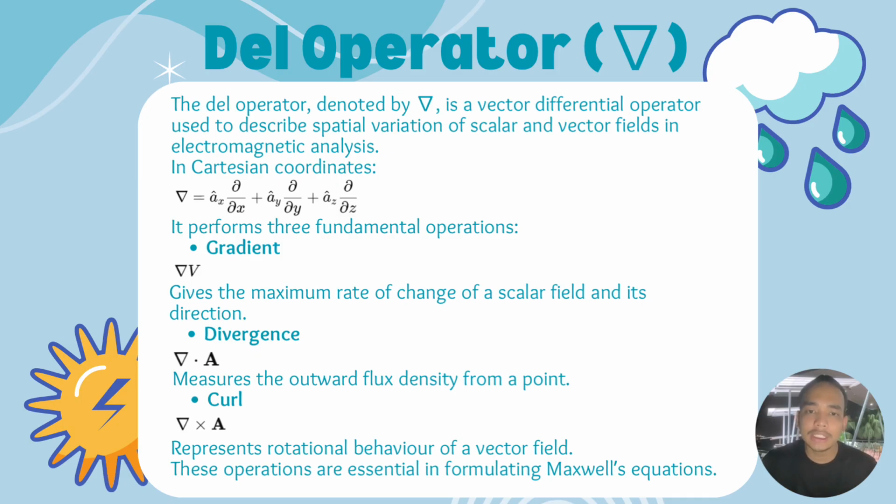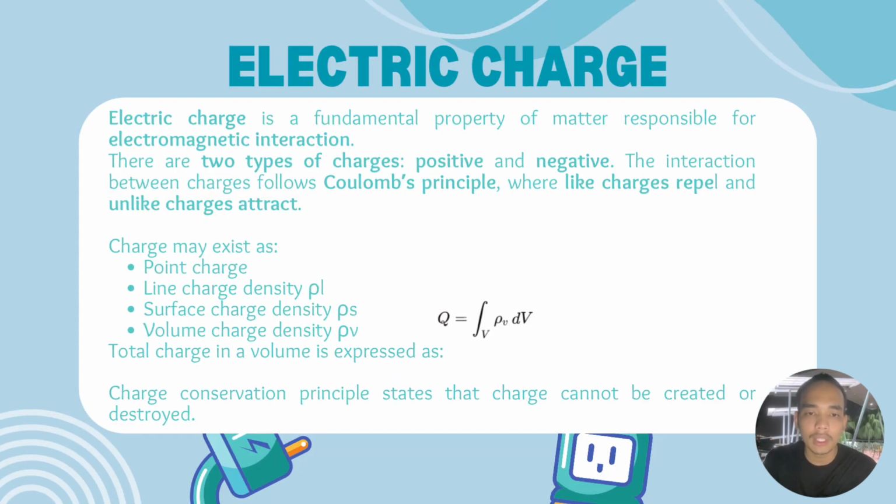The gradient, written as del V, gives the rate of change of a scalar field. The divergence, del dot A, measures outward flux density. The curl, del cross A, represents rotational behavior of a vector field. These operations are fundamental in electromagnetic field equations.